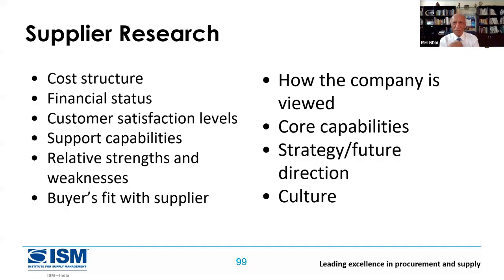I'll say, guys, can you give me the raw material price, direct cost, indirect cost, direct labor, indirect labor, other overheads. So for every product, I'll say, guys, can you give me in percentage? So financial status, is this company financially good? They may have a big name, but money-wise, they're very poor. So customer satisfaction level, support capabilities, relative strength, and buyers fit with us.